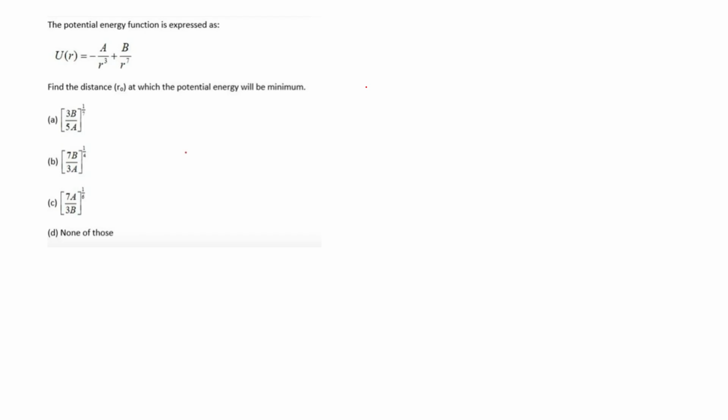See, this question is also similar to the question which we have done already. The potential energy function is expressed as U of r is equal to minus A by r cube plus B by r to the power 7. Find the distance r0 at which potential energy will be minimum.